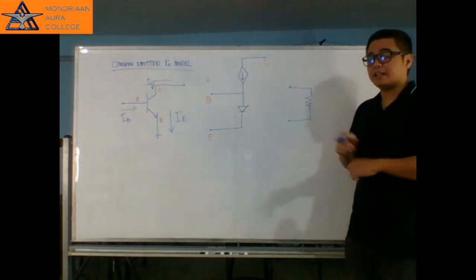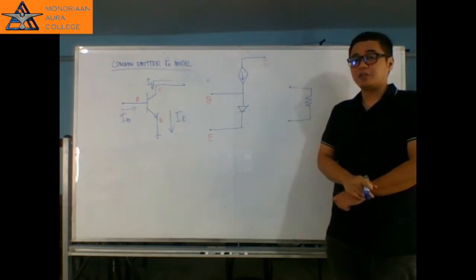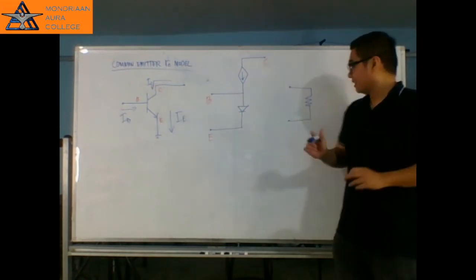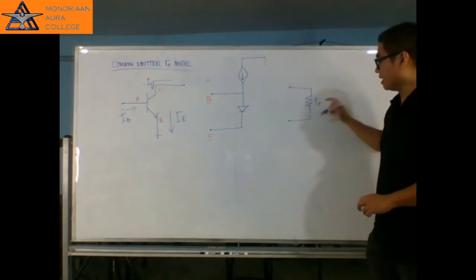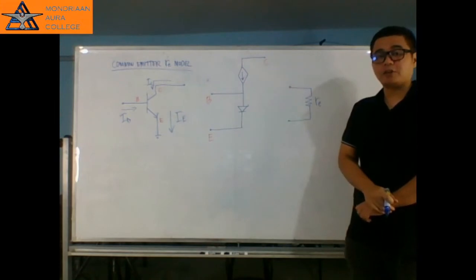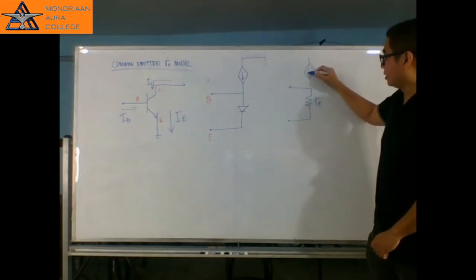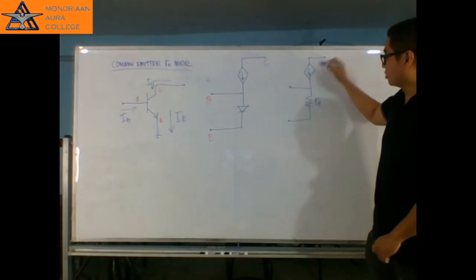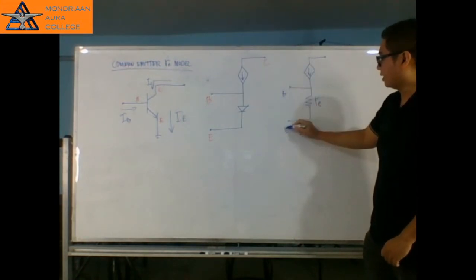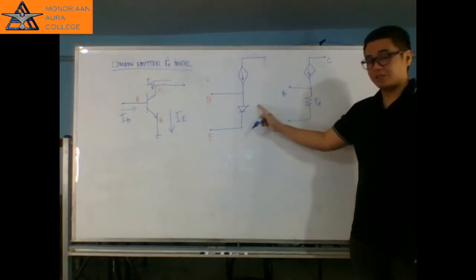So kapag nag-apply tayo ng AC signal doon sa ating BJT, magkakaroon siya ng AC resistance. This is your R sub E. So nirepresent natin yung diode bilang isang resistance in the form of R sub E. And then you still have here your dependent current source. So we have the base, emitter, and the collector. This is the equivalent circuit of this one.